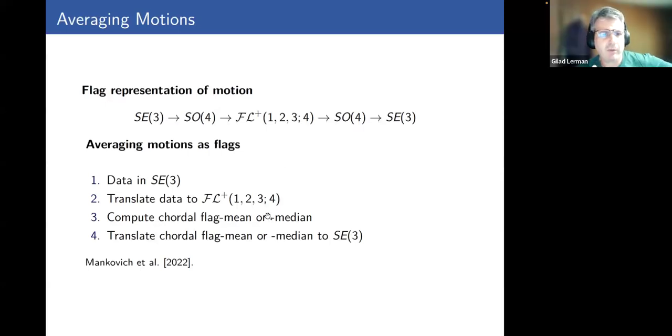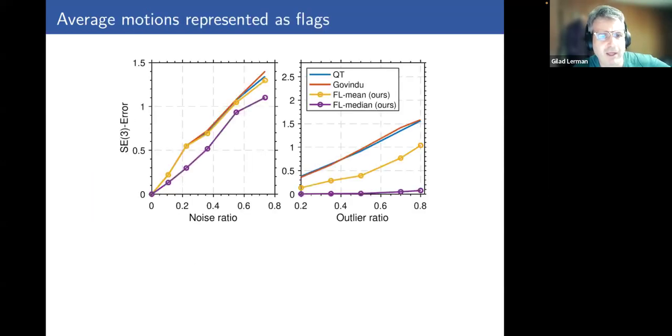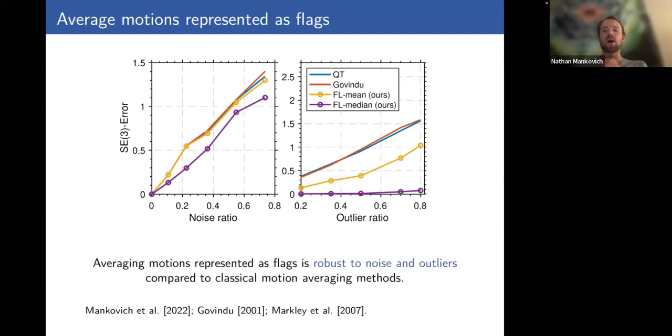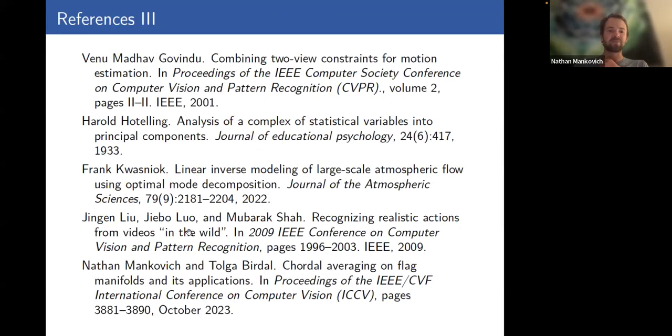Yeah, I understand. Which work of Govindu did you compare with? Because maybe I had something else in mind. Ah, this is 2001. Let's see. I'm glad I have some of these links actually working. Combining two constraints for motion estimation.